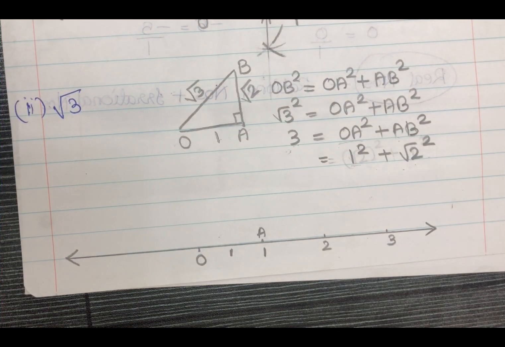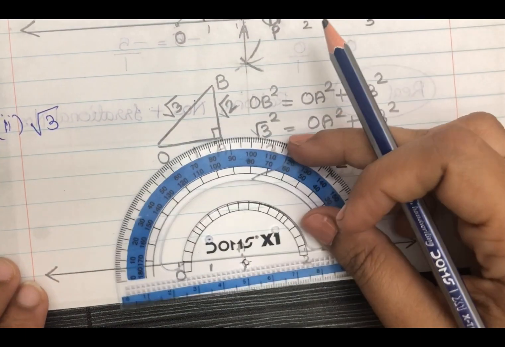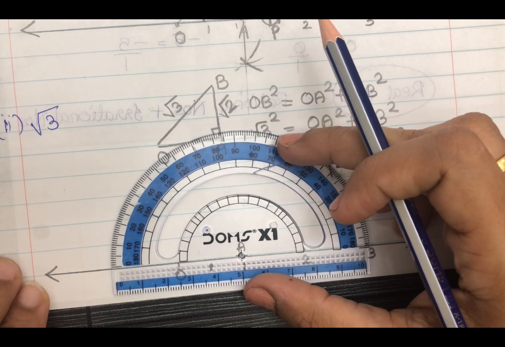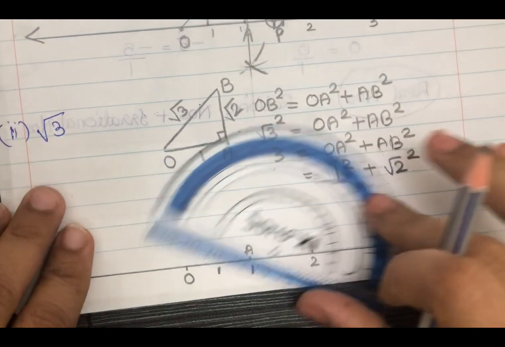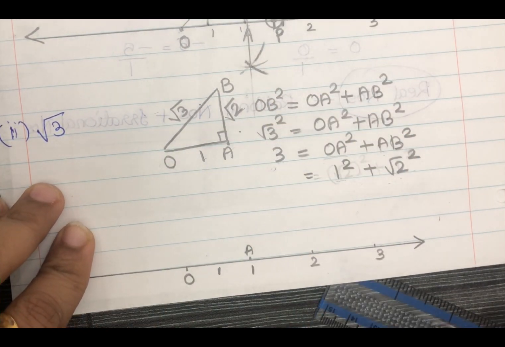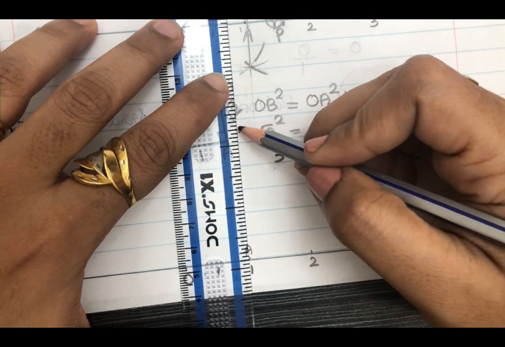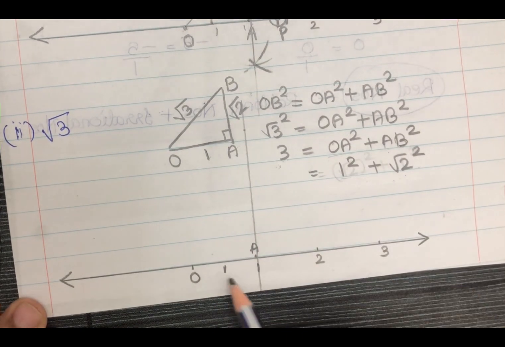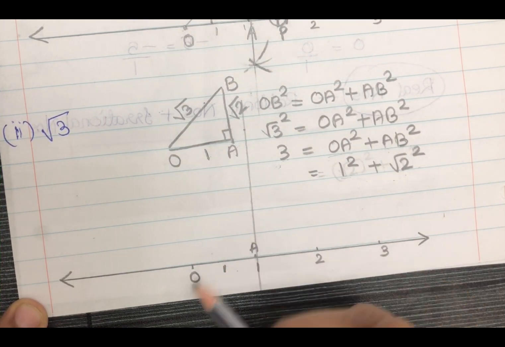So now I'll use a protractor to mark 90 degrees from A. Okay, this is my 90. So I have 1 here, and if I get 1 here, I know this is root 2.